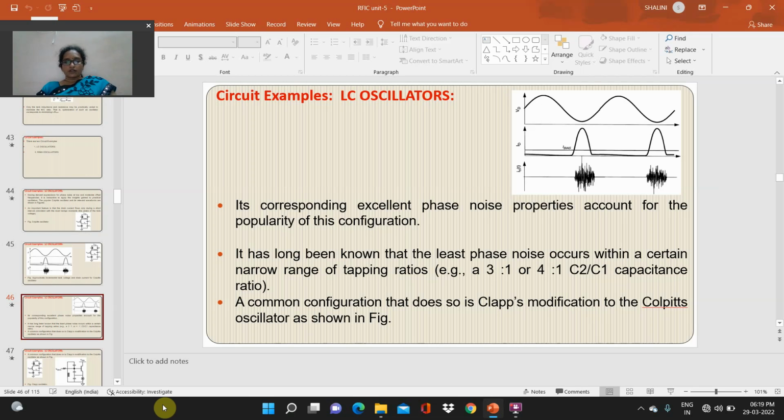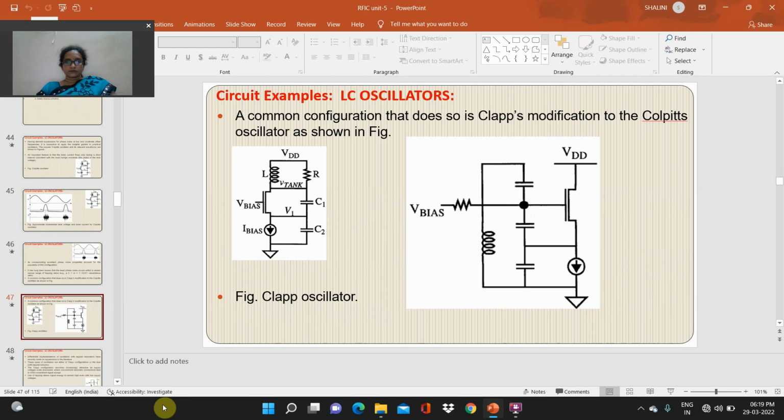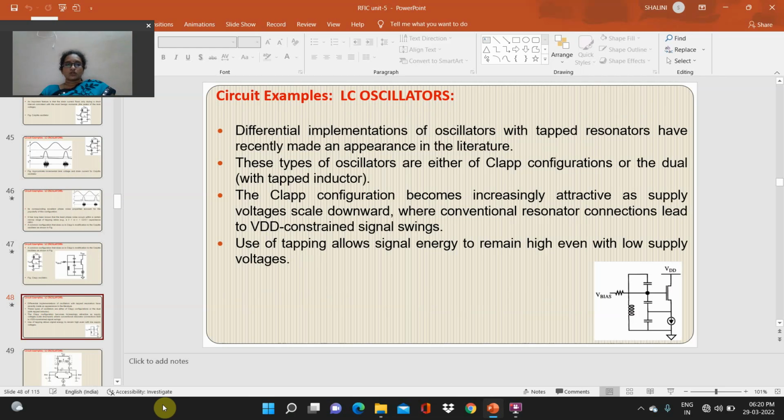A common configuration that does so is Clapp's modification to the Colpitts oscillator as shown in the figure. So, a circuit example for the Clapp oscillator and Colpitts oscillator, both configurations should be taken here. Differential implementations of oscillators with tapped resonators have recently made an appearance in the literature.